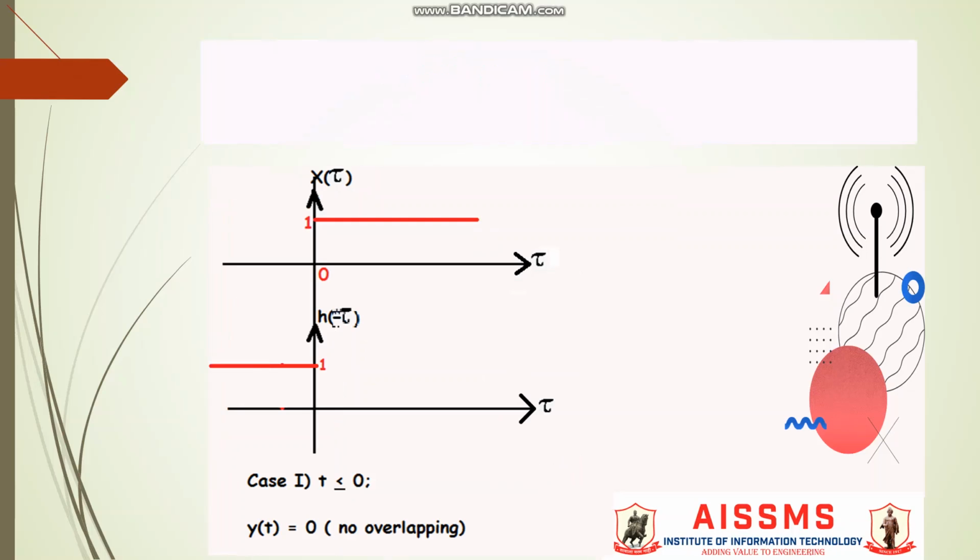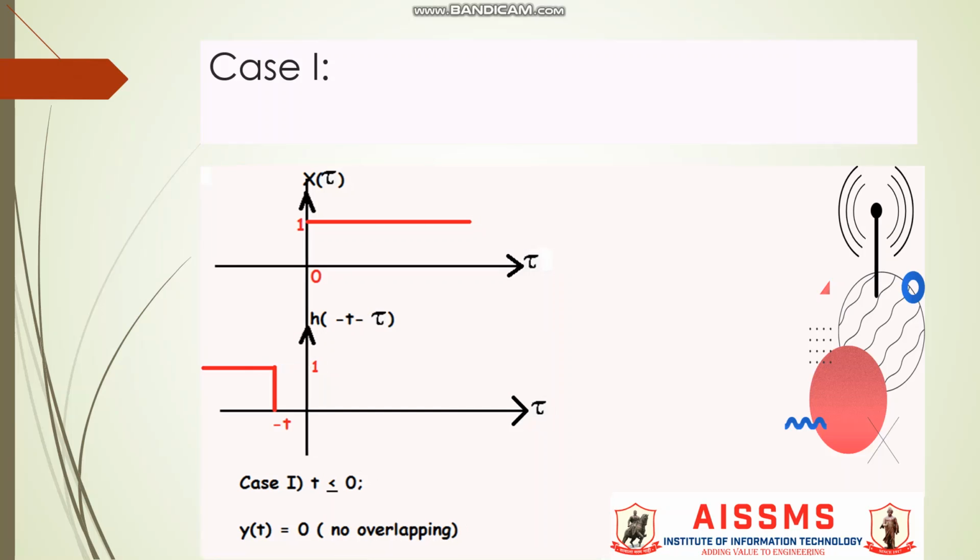After this, we will reverse one of the signals. This time reversed signal is then shifted on the time axis. As we see here, there is no overlapping for t less than or equal to 0. So we get the resultant y of t is equal to 0 for t less than or equal to 0.